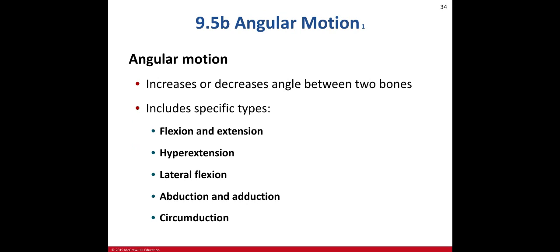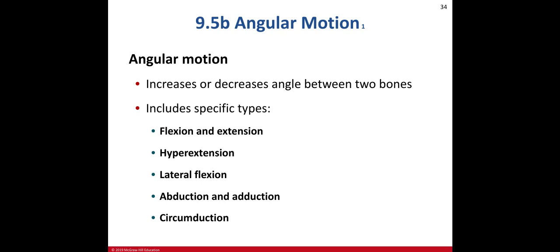Okay, now we need to talk about the types of motion, which sort of gets into a little bit of a physics thing. But really, when we're talking about angular motion, we just want to know, do we increase or decrease the angle between the two bones?